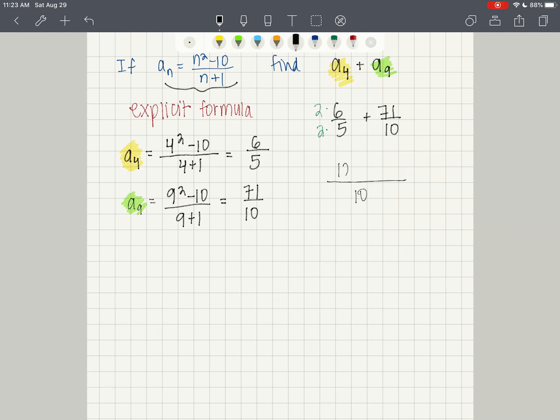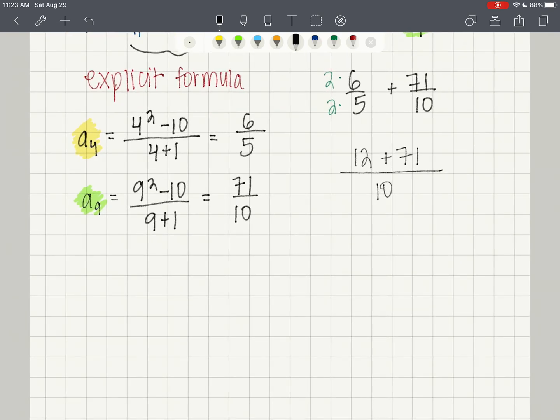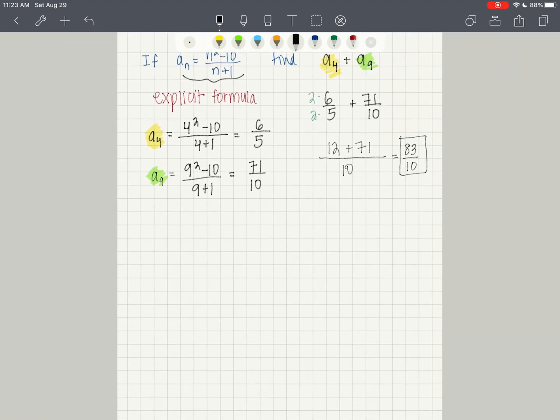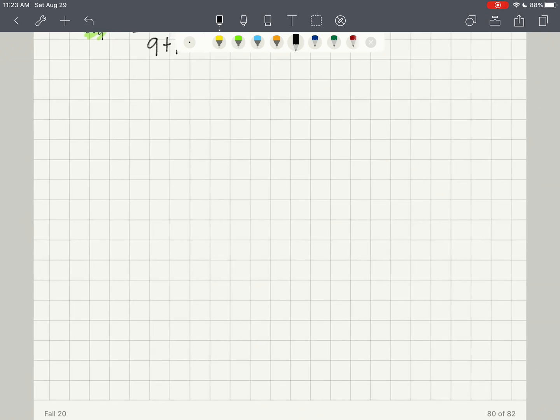So I've got 12 plus 71 all over my common denominator of 10, which is 83 over 10. That does not reduce. That is my answer, 83 over 10. So that's one way that we can use our formulas to find the sum of two numbers. That's a type of problem that you might find.